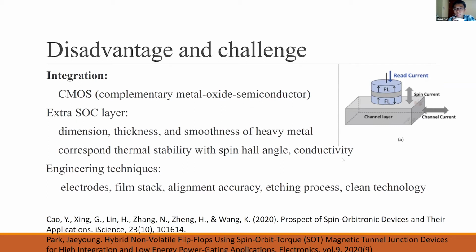Because of this unique device structure, spin orbit torque MTJ bears special process integration and control challenges in dimension, thickness, and the smoothness of the heavy metal. Also, we need to match the thermal stability with the spin Hall angle and conductivity. This requires special engineering techniques in electrodes, film stacks, alignment accuracy, etching process, and clean technology.